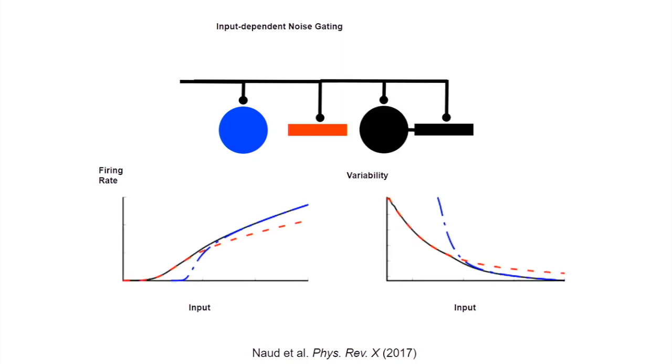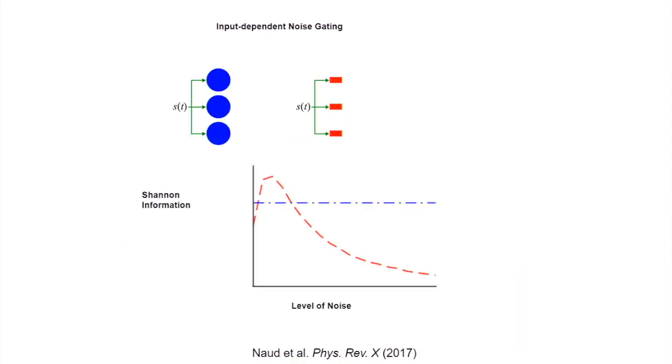If you connect those two compartments, the firing rate shows, again, a larger dynamic range, but the variability keeps to the lowest of the two curves, the two possibilities. And so I asked the question of whether this setup can increase the information.